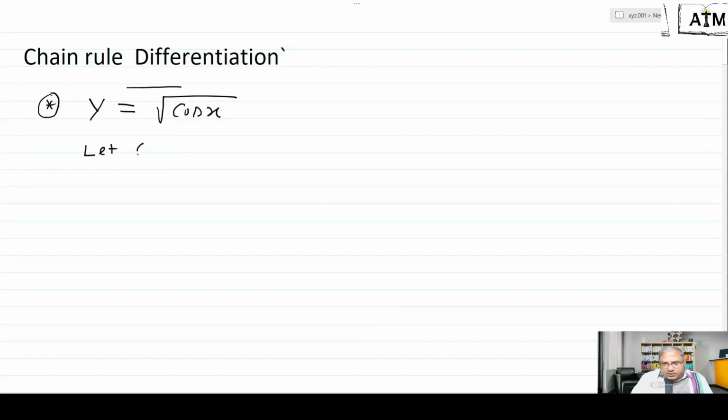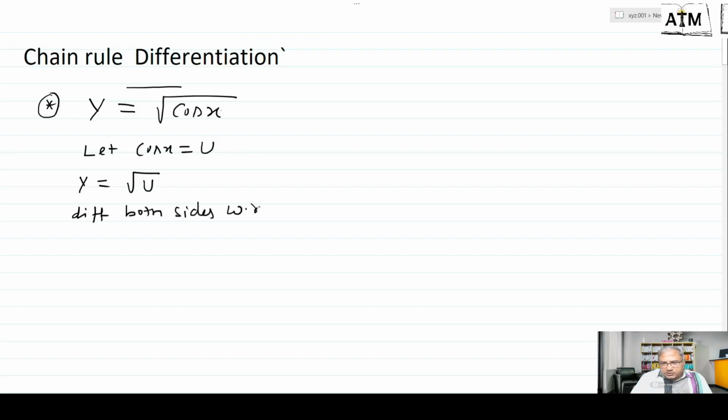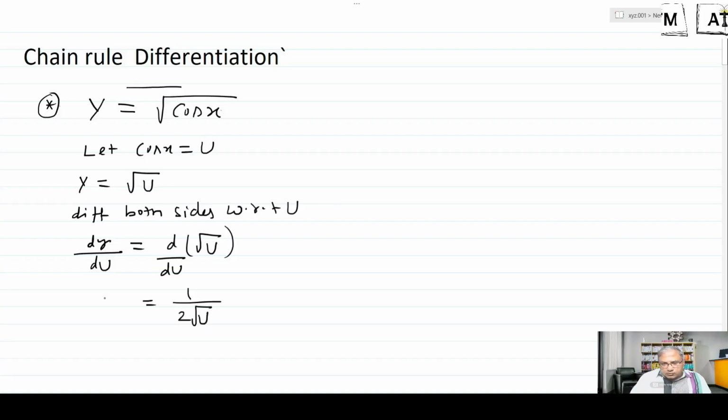So let cos x equal u, then it becomes y equals under root of u. Differentiating both sides with respect to u, dy by du equals the differentiation of root u with respect to u, equals 1 upon 2 root u. Call it equation number 1.